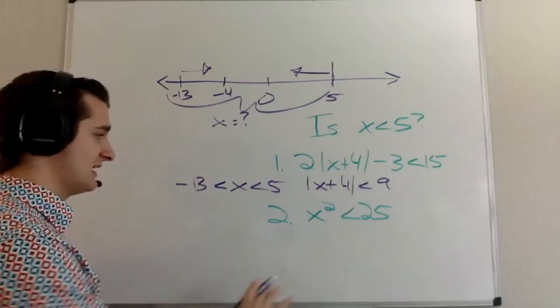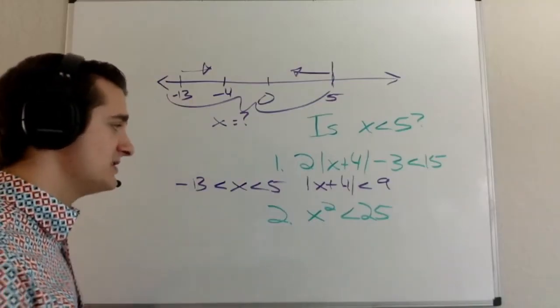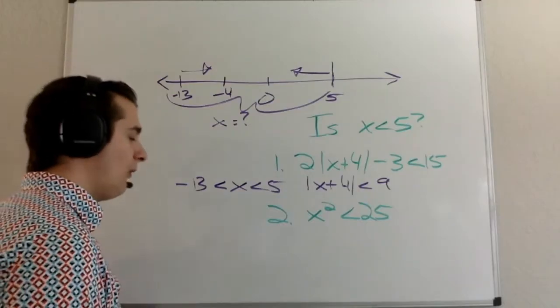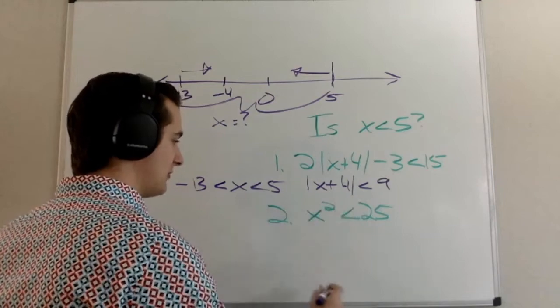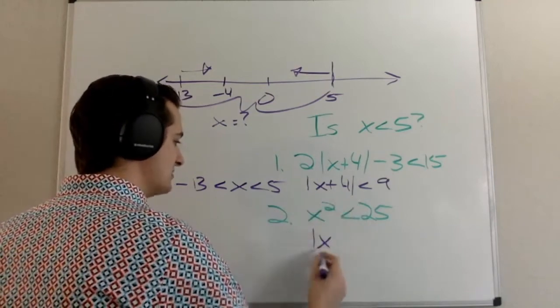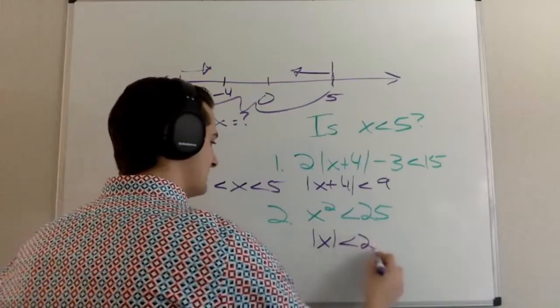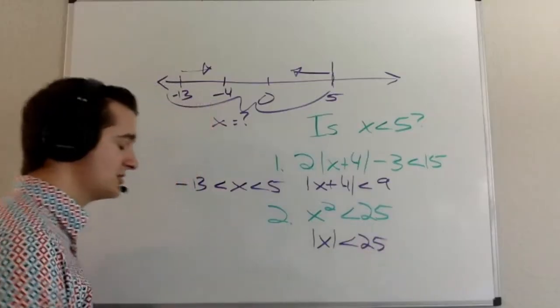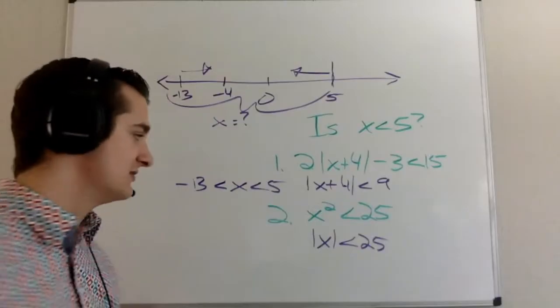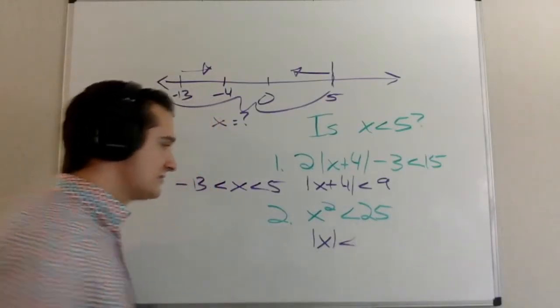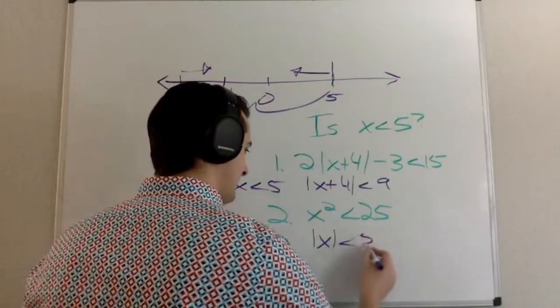Now I'm going to take a look at statement 2. Statement 2 tells me that x squared is less than 25. Well, I could rewrite that by taking the square root of the whole thing. I'm sorry, not less than 25, less than 5. The absolute value of x is less than 5.